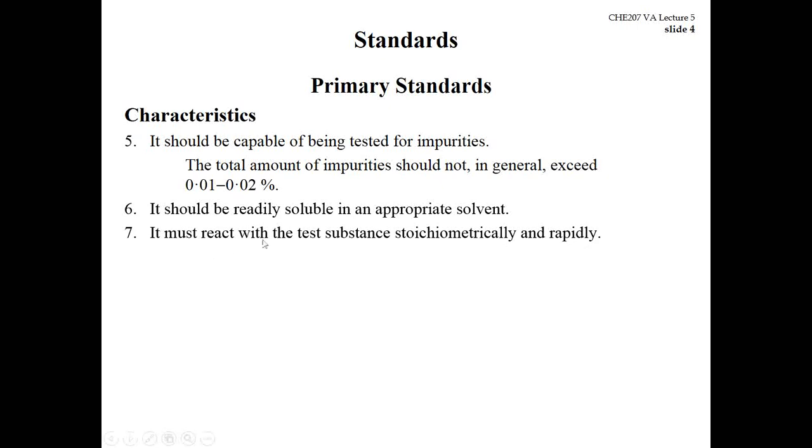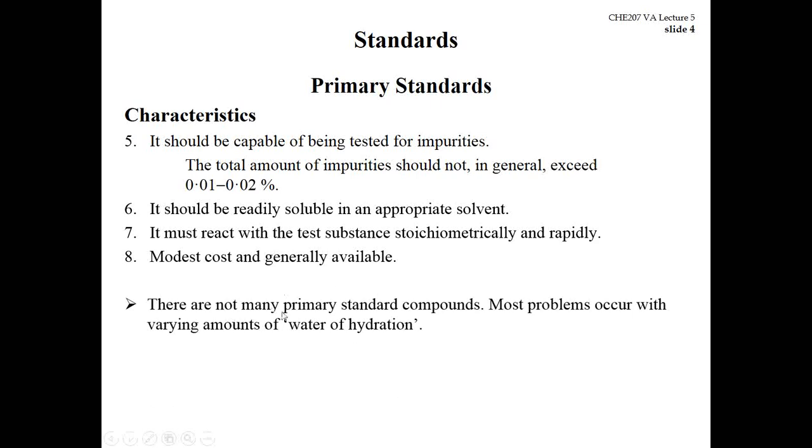It must react with the analyte or the test substance rapidly and stoichiometrically, meaning that we must know the mole ratio for the reaction for our calculation. Rapidly meaning that the reaction should be completed. And we also have to consider the cost of the primary standard.